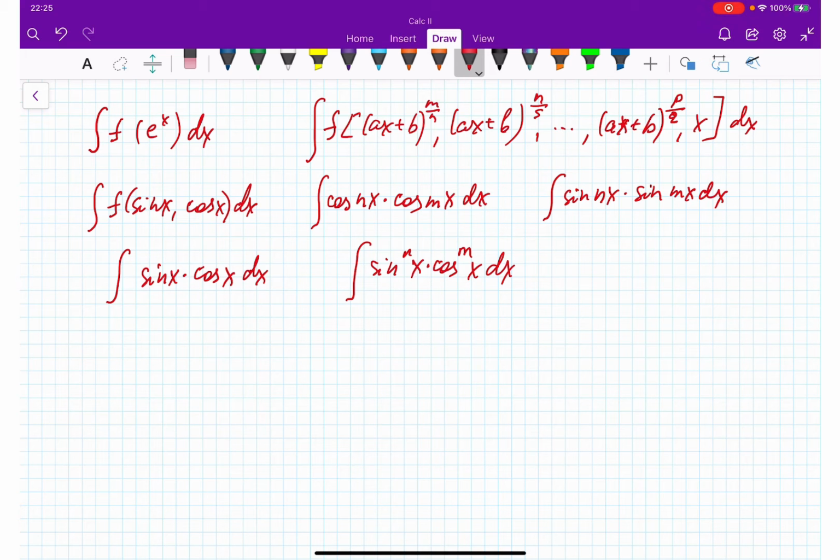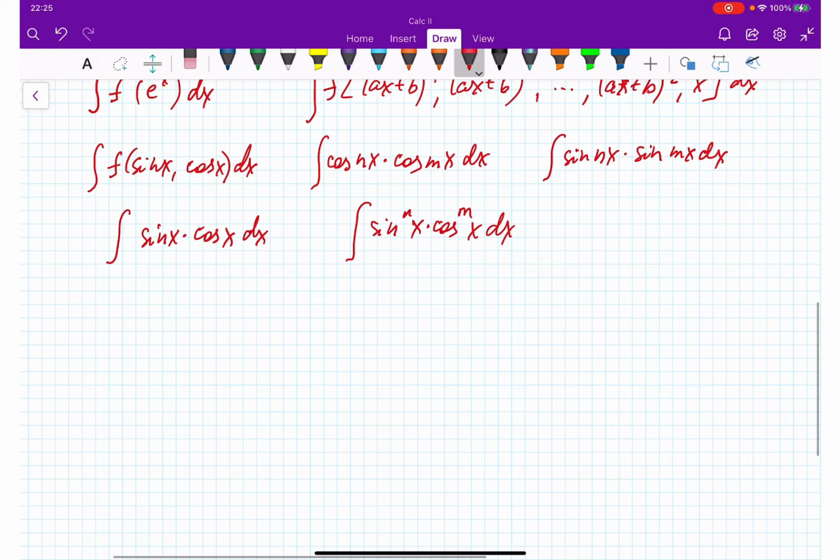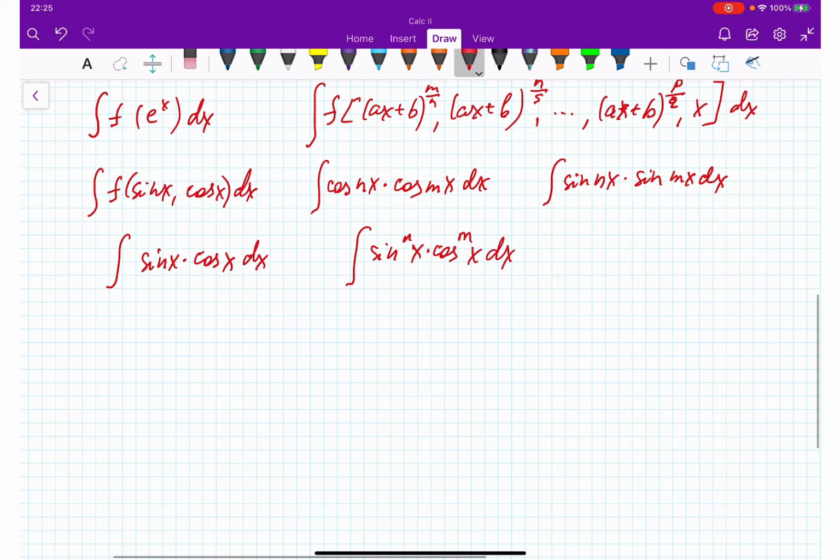Okay, so we start with a function of e to the x, and I'm going to cover every single type of it, and all of them will be worked out to bring down to using the method of rational fractions. All right.